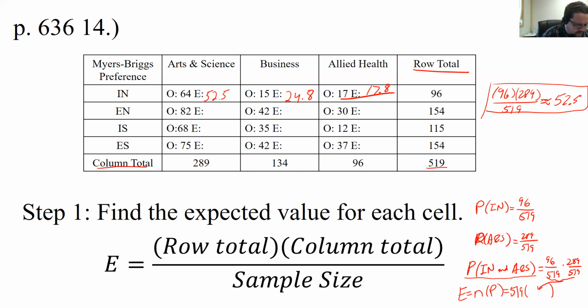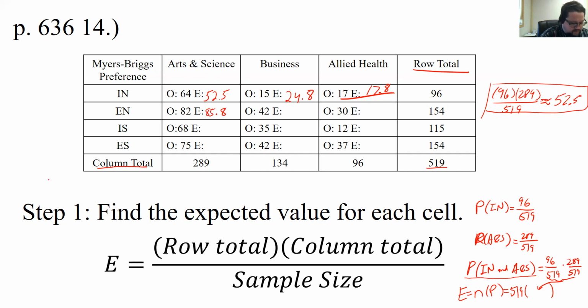And so we're just going to go through and multiply the row total by the column total, divided by the entire size of the sample, 519, for each one of these, cross-referencing those. So I'm taking 154 times 289 divided by 519 to get the EN Arts and Science. And that gave me about 85.8.